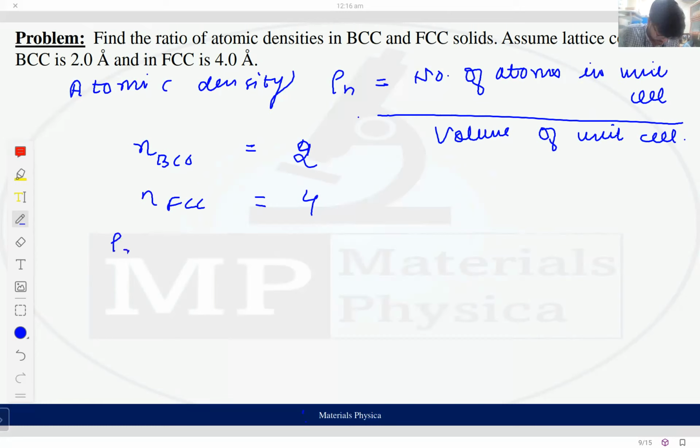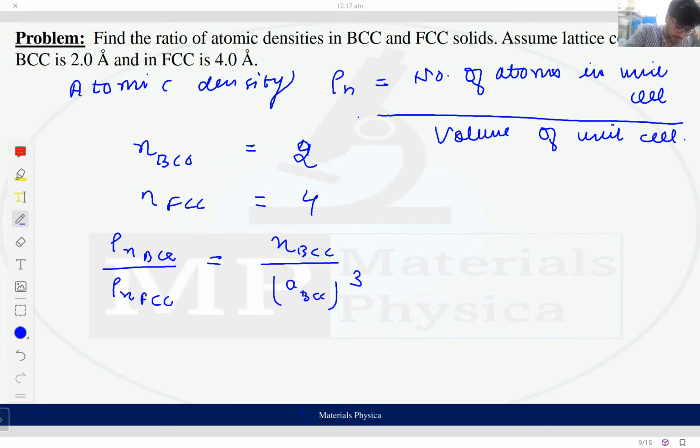So rho n BCC over rho n FCC would be equal to the number of atoms in BCC over the volume of the BCC structure, which is a_BCC cubed, and for rho n FCC, the number of atoms of the FCC unit cell over the volume of the FCC unit cell.